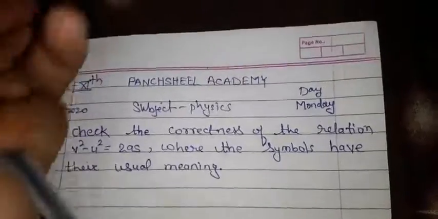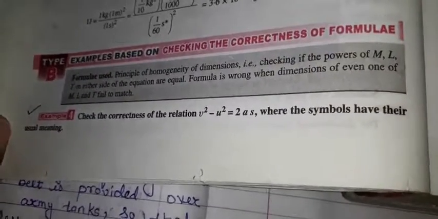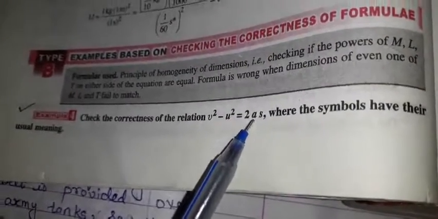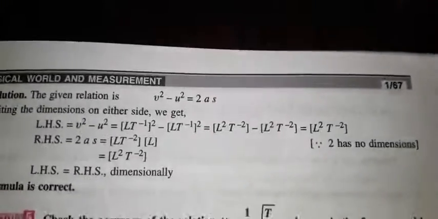Now we go for the solution. Here v is the final velocity, u is the initial velocity, a is the acceleration, and s is the distance.